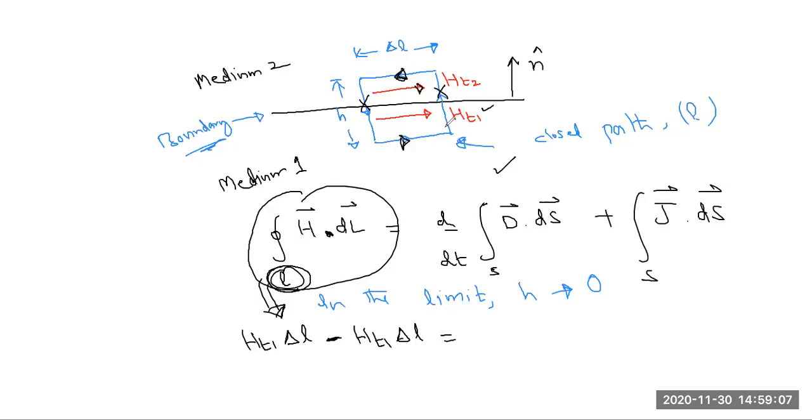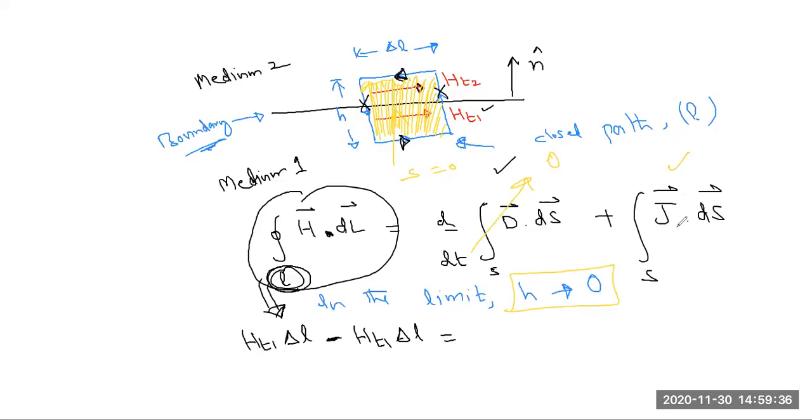So where is that surface? In its original form, this is the surface S. But because we are taking h approaching 0, what happens when h becomes 0, this area becomes equal to 0. So when area is 0, flux becomes equal to 0, and of course the rate of change also becomes equal to 0. So this term will be 0.